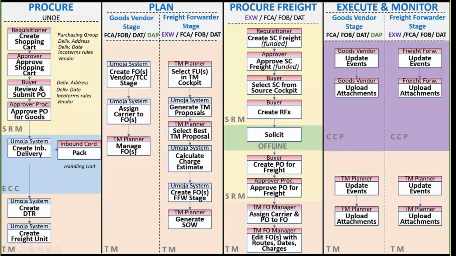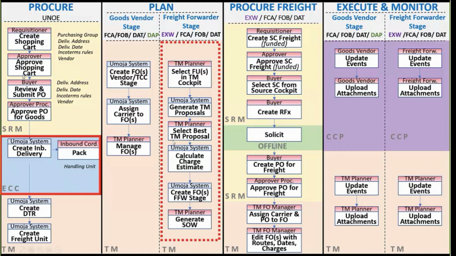We will begin with creating and approving the shopping cart, then they move to the POs, and here is what we are talking about today, the creation of the inbound delivery and performing not only packing but updating delivery date and dimensions. This will impact other downstream documents such as DTR, freight unit, and freight orders.